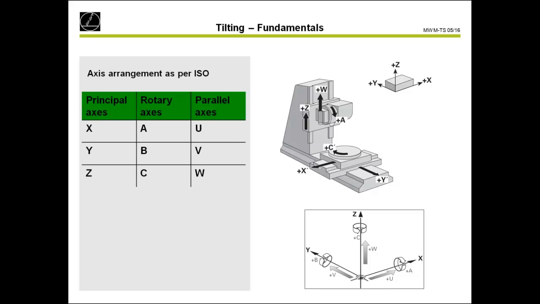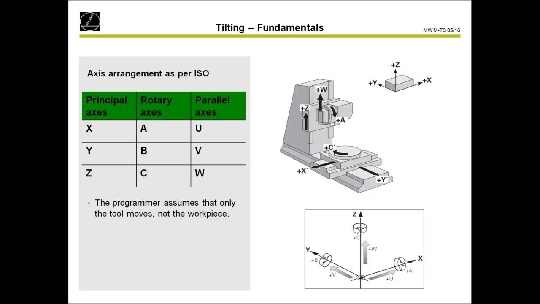These round axes, or rotary axes, are A, B, and C. A is the rotary axis around the x-axis, B is the rotary axis around the y-axis, and C is the rotary axis around the z-axis.